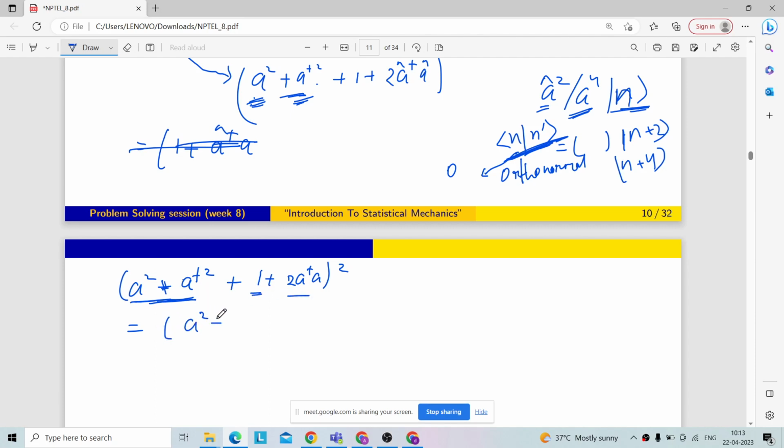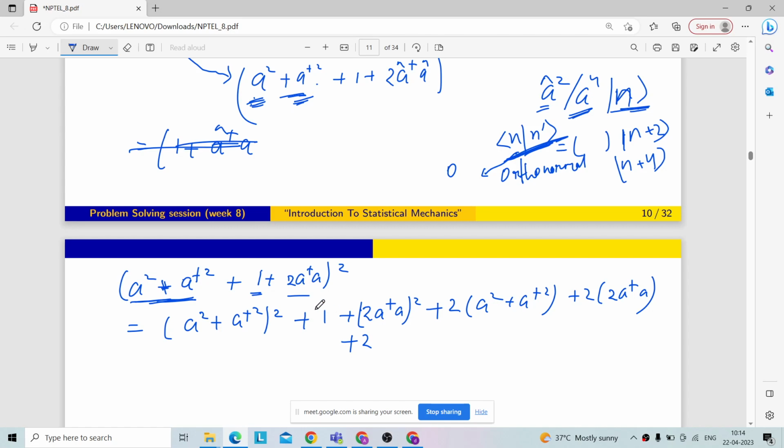So this will become (a² + a†²) whole square plus 1 squared plus (2 a† a) squared, plus 2ab, that is 2 into (a² + a†²), plus 2bc, that is 2 into 2 a† a, plus 2ca, 2 into a† a into (a² + a†²).